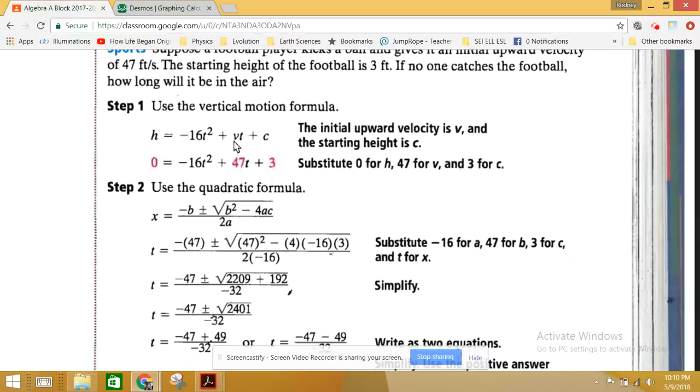So this is velocity times time. This is 1/2 times acceleration times time squared. Acceleration was negative 32 meters per second squared. This is the acceleration expression in terms of time for how high something has gone, and this is how high it was when it began.